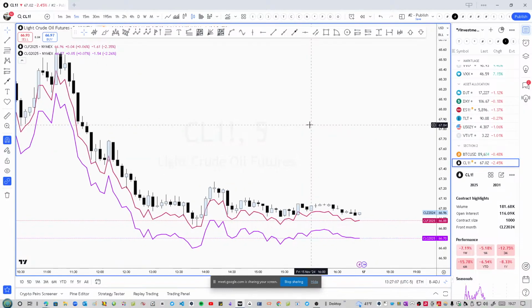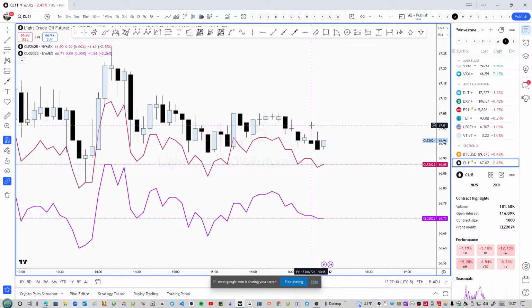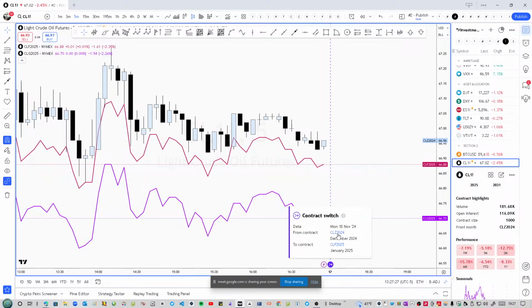And so what would be an advantage here now is if you have the crude oil contract, and then you have to roll to the next month, because you know that the crude oil contracts expire. So the next expiry is actually here on 18th November.